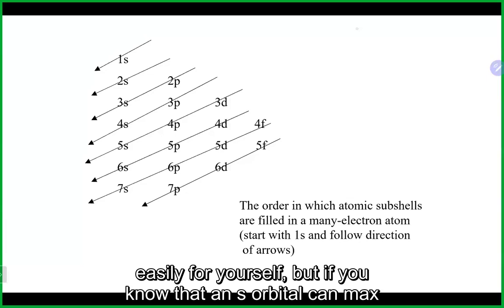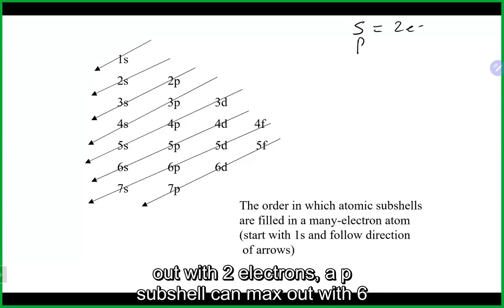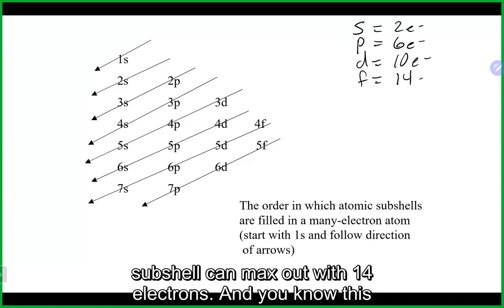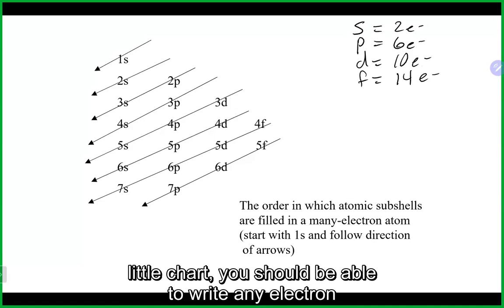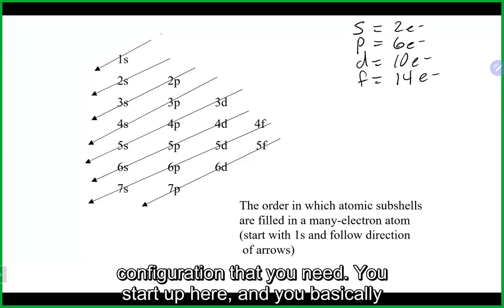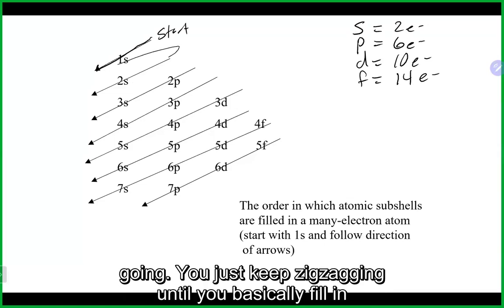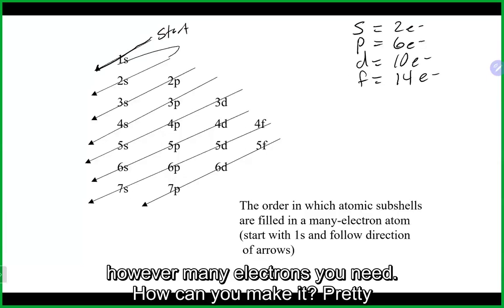An s orbital can max out with 2 electrons, a p subshell with 6, a d subshell with 10, and an f subshell with 14. If you know that and this little chart, you should be able to write any electron configuration. You start up here, keep going, zigzag back, and keep zigzagging until you fill in however many electrons you need.